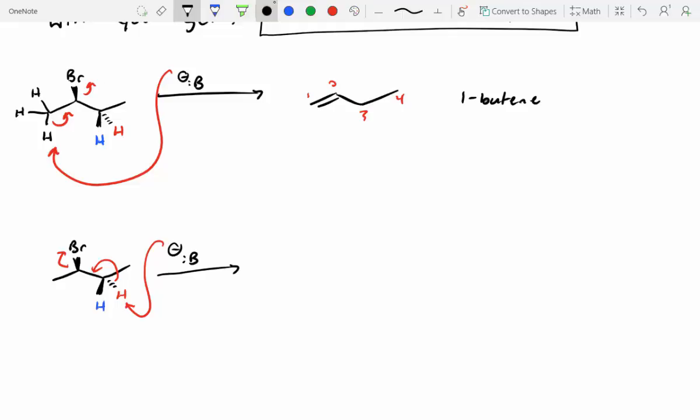Will this be cis or will it be trans? You guys think it'll be trans? Okay. So if we do this, this will be trans, and you can check that with the Newman projection. So in this case, we would have trans 2-butene. That could be one potential product.